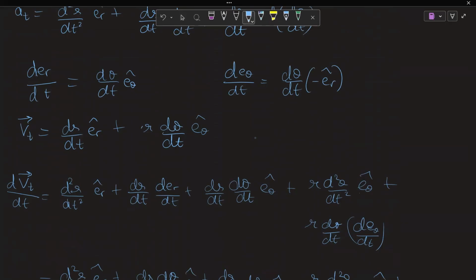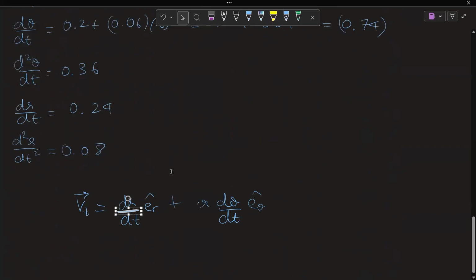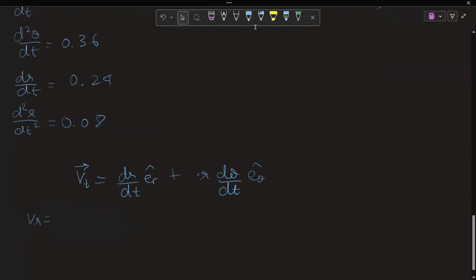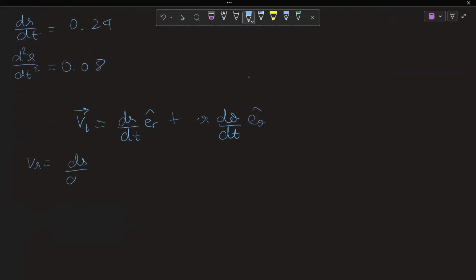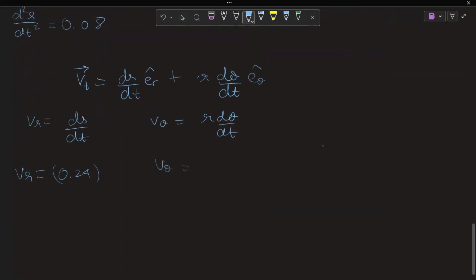So we have the equation of v at any time t. We can write it as vr, which is dr by dt, and v theta, which is r d theta by dt. So dr by dt is 0.24. For v theta, r d theta by dt, it is 0.74 into r.